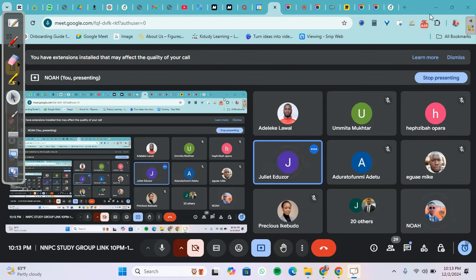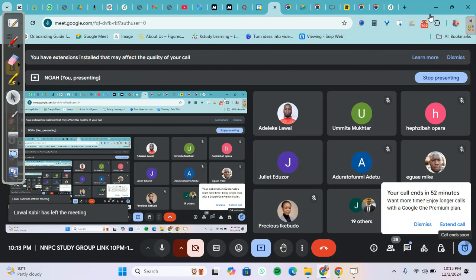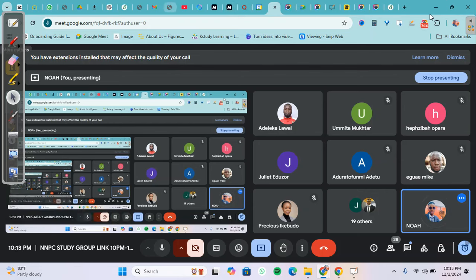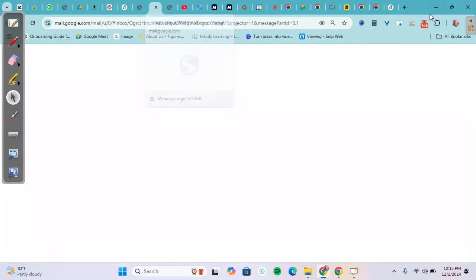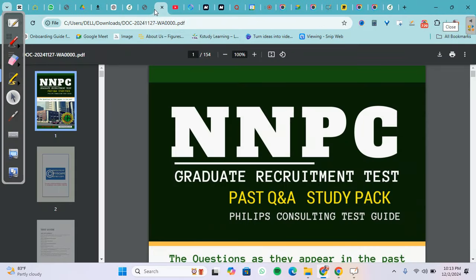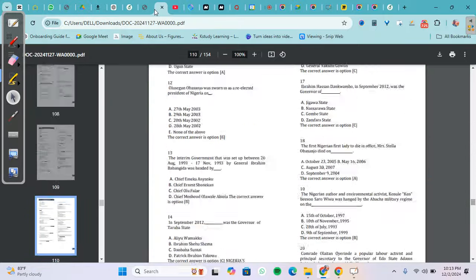So now let's quickly check what we have for the abstract reasoning, and then the special reasoning. Okay, let me check. All right, 52 minutes. So guys, I have the past question somewhere around here. This is where we actually stopped for the abstract reasoning.